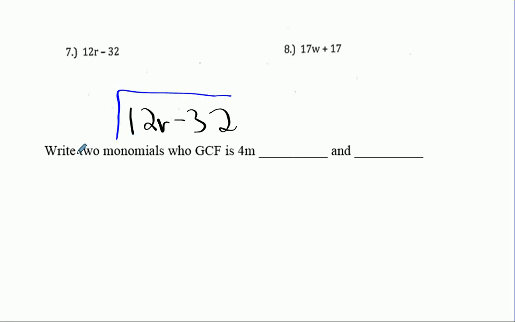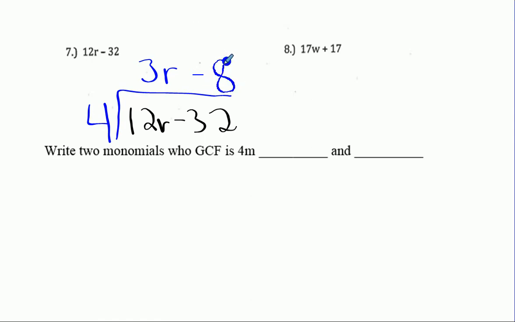I don't know why. 12 does not go into 32, right? I cannot do 32 divided by 12 evenly. But I know that a smaller number like 4 could go into both of those. So 4 goes into 12 3 times with the r left over, and 32 divided by 4 makes 8.